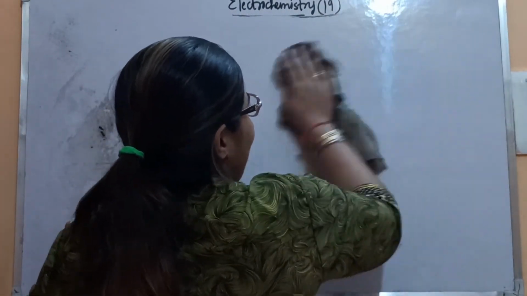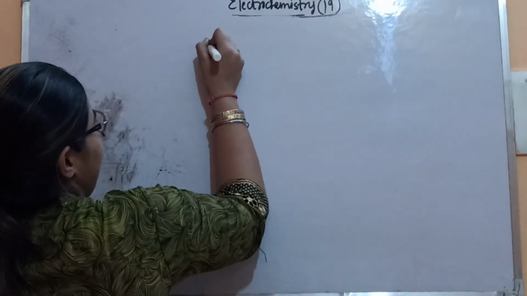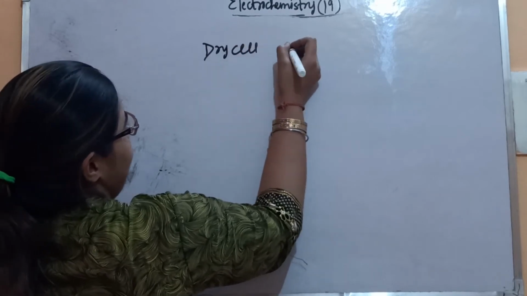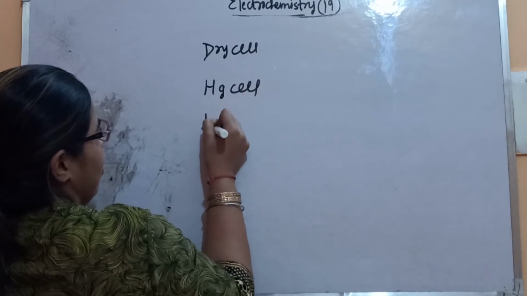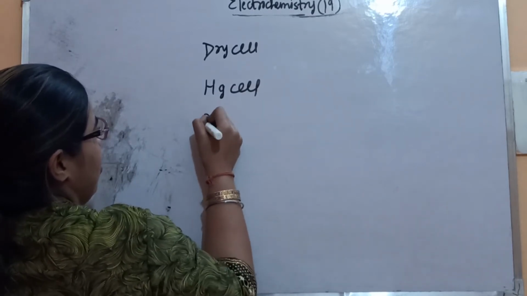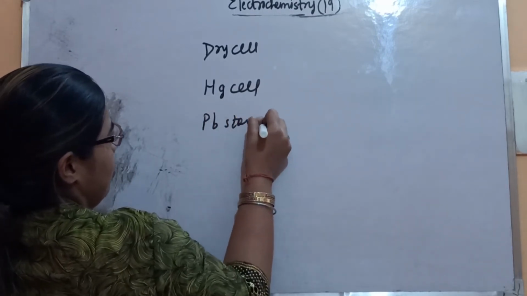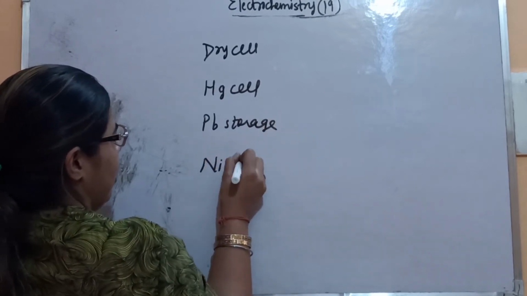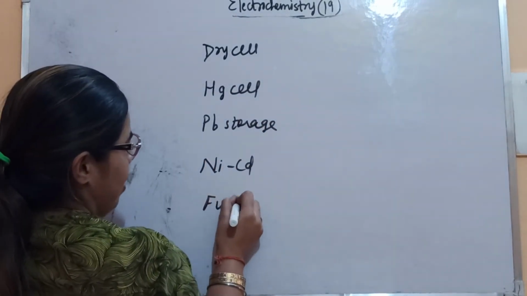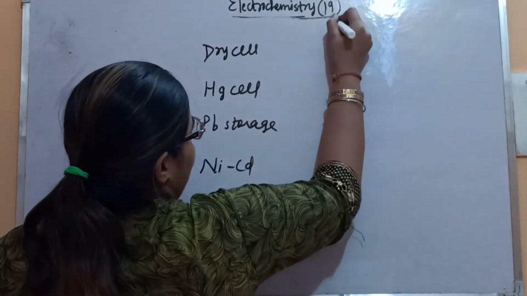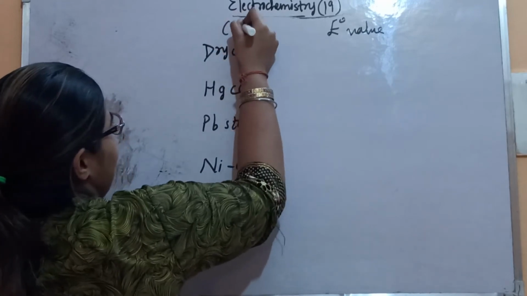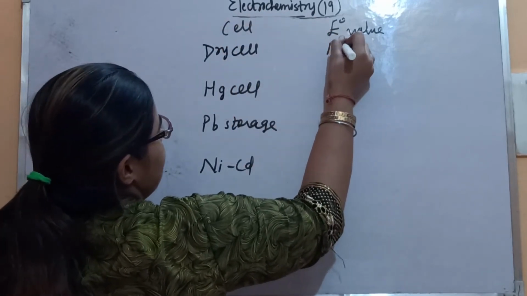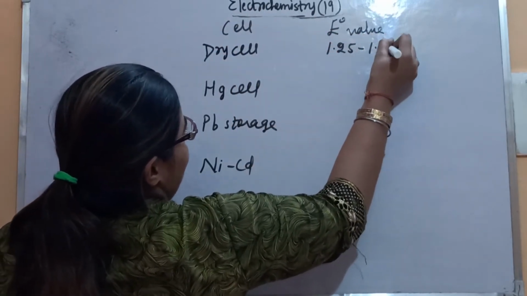As we have seen in all the cells, let's recall the voltages, the E naught values. Dry cell was 1.25 to 1.50 volt.